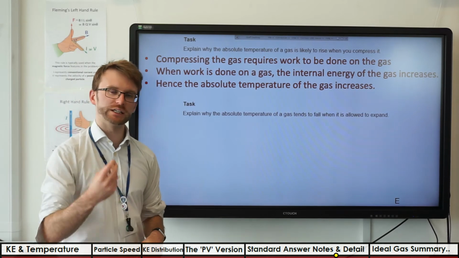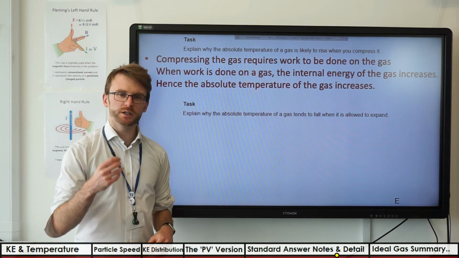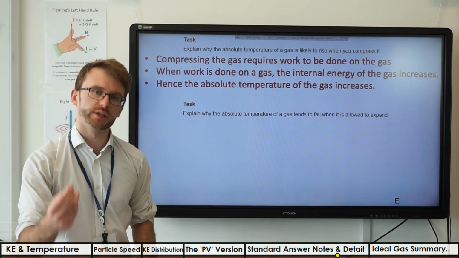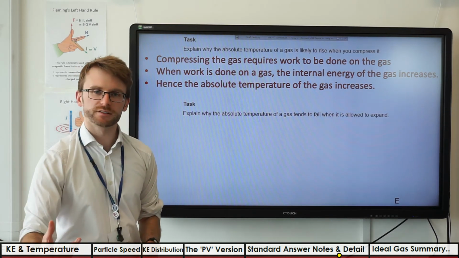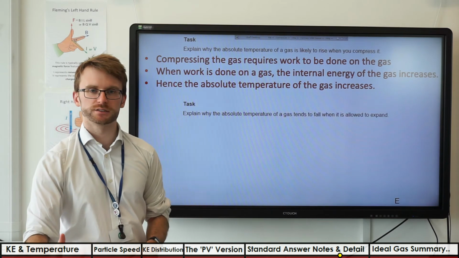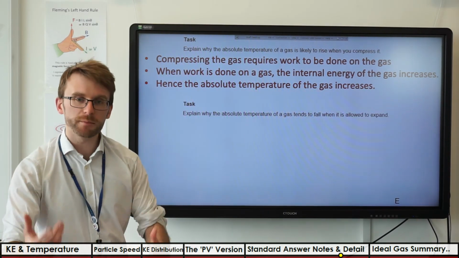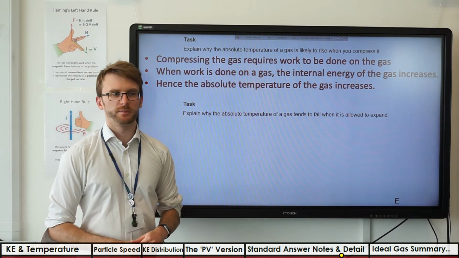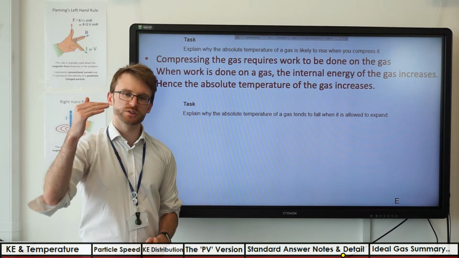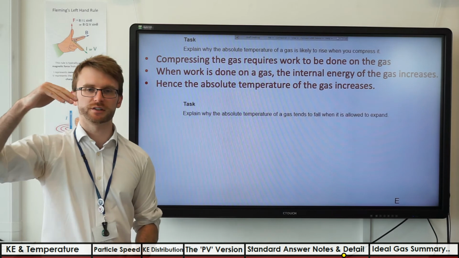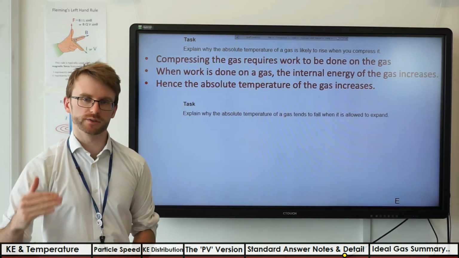I'm putting energy into that system. If I'm doing work on the gas and I'm putting energy in, that will raise the internal energy of that gas. So the kinetic energy will increase, and so the absolute temperature must increase as well, because temperature and kinetic energy are directly proportional. Notice that logical chain of, if I do this, then I do this, if I do that, then I do that.